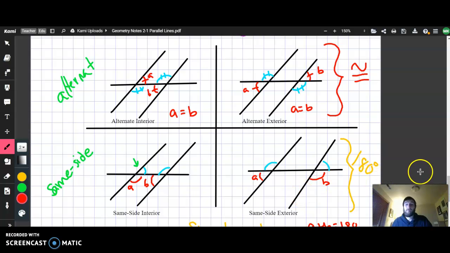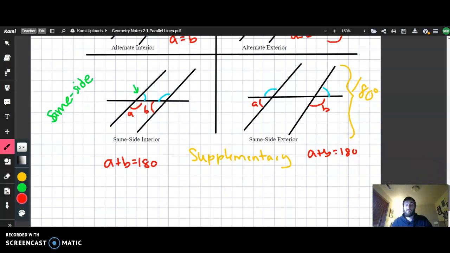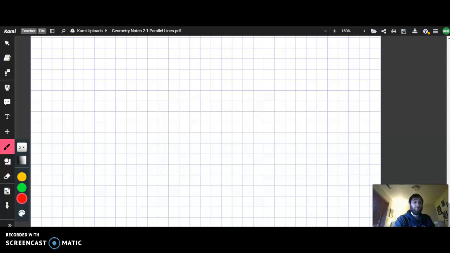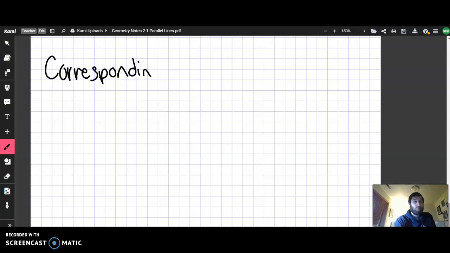The last word to cover is corresponding. Corresponding means to match. So we're going to talk about the word corresponding a lot this year.